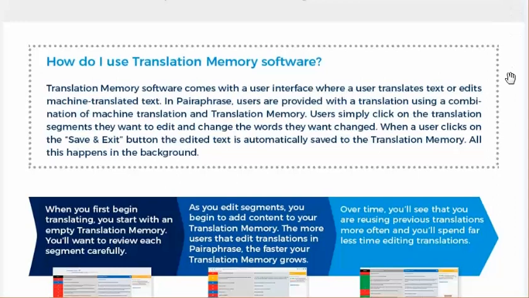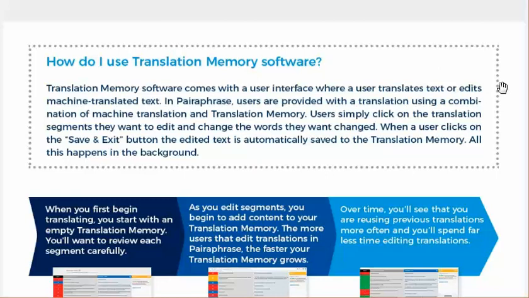How do I use translation memory software? Translation memory software comes with a user interface where a user translates text or edits machine translated text. In Paraphrase, this is a famous website, users are provided with a translation using a combination of machine translation and translation memory.